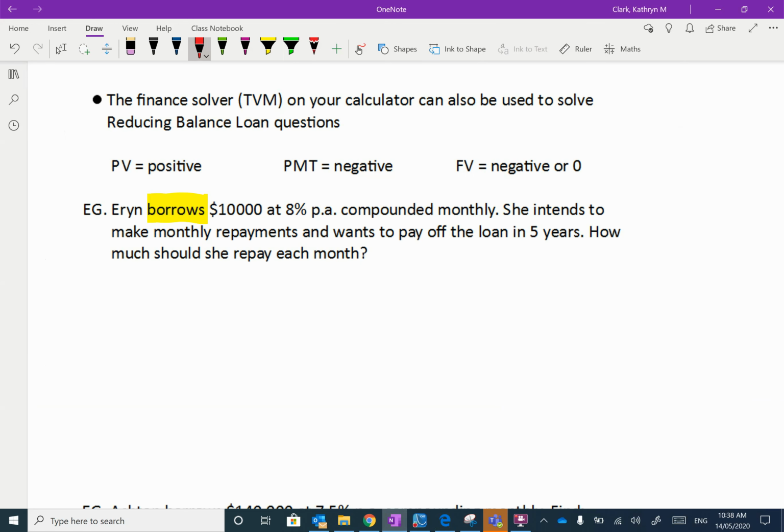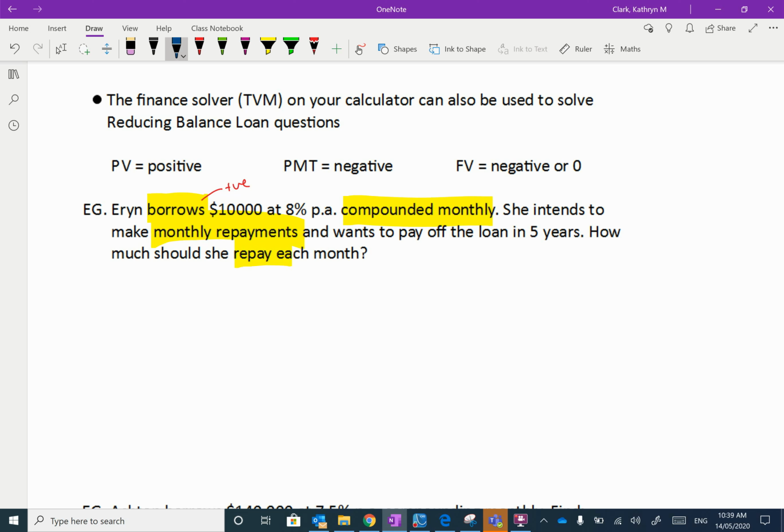So if I'm borrowing 10,000, that's going to be a positive word, which makes my present value positive. And if my present value is positive, that makes it a reducing balance loan. We can also see here it's compounding monthly. She's making monthly repayments, and we're interested in how much she should repay.